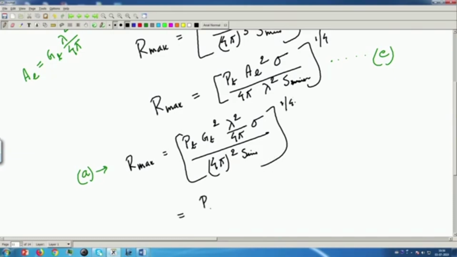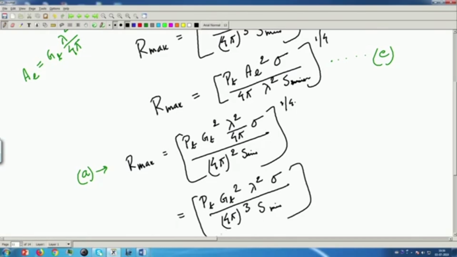So, this will become PT GT square lambda square sigma by 4 pi whole cube S mean whole to the power 1 by 4, which is nothing but equation B. So, starting from A we can go to B.